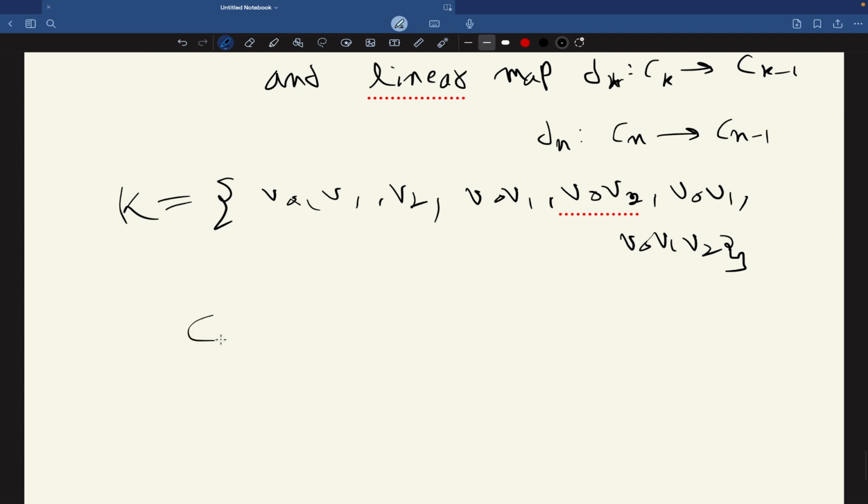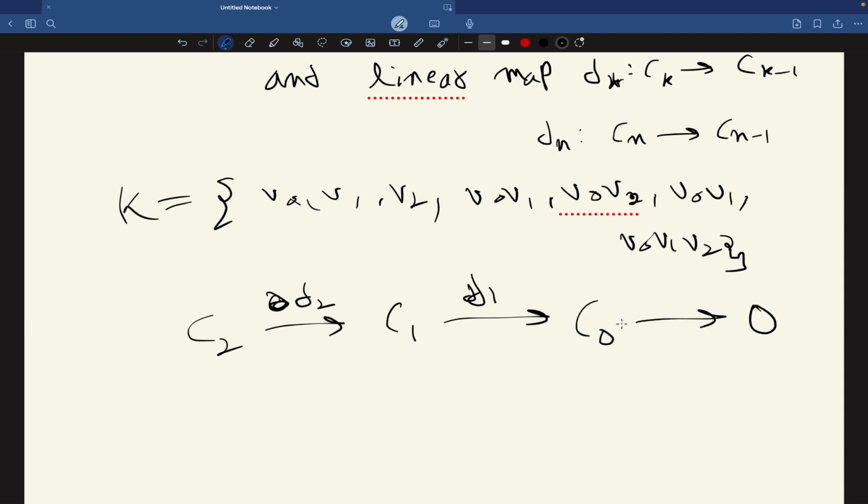The possible vector spaces are C2, which goes to C1 if we apply the boundary operator d2, and if I apply the boundary operator d1 on C1, I get C0, and for C0 we explicitly map it to 0, because no boundary is possible for zero simplexes. So d0 maps to 0.